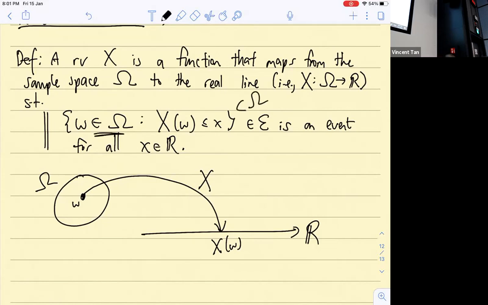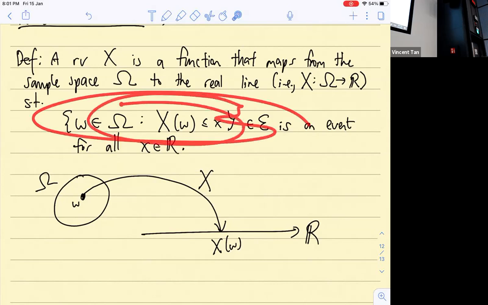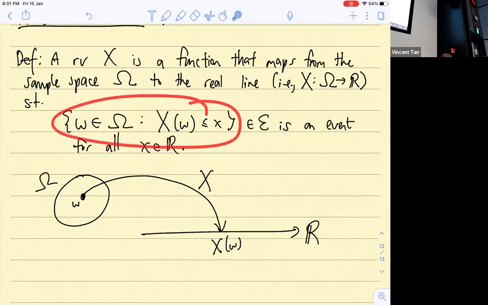But among the subsets of Omega, there are legitimate subsets which are called events, and there are illegitimate subsets that we don't like. We have to ensure that this set is an event for every x that we query. And the x that we query is a real number.